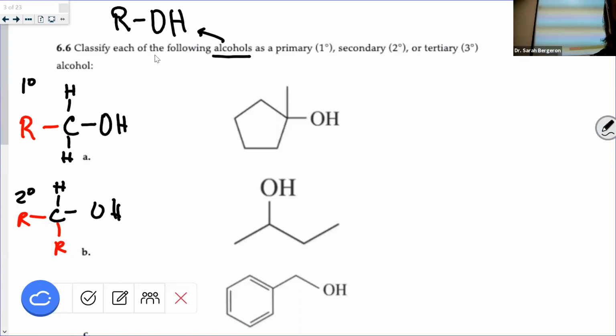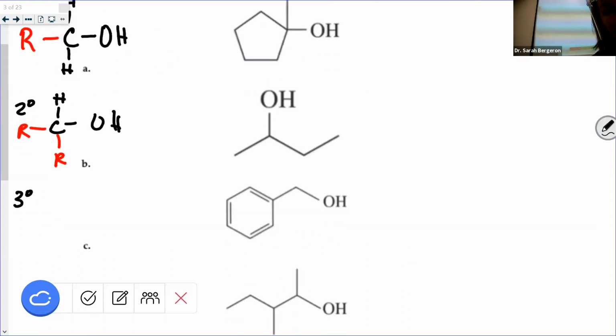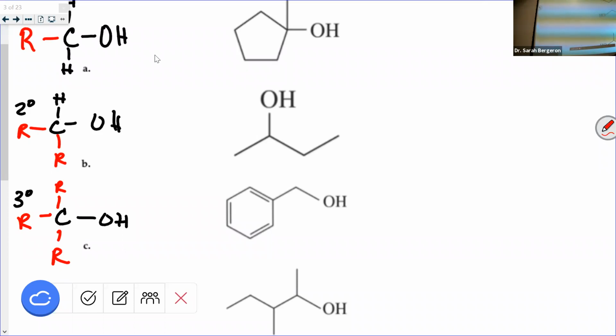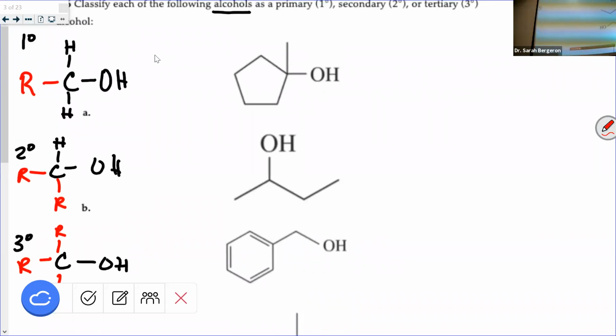How would I do a tertiary? So that's how we determine if something is primary, secondary, or tertiary.